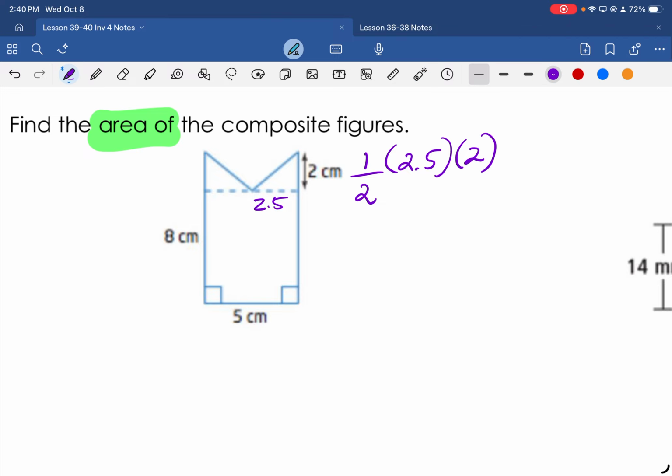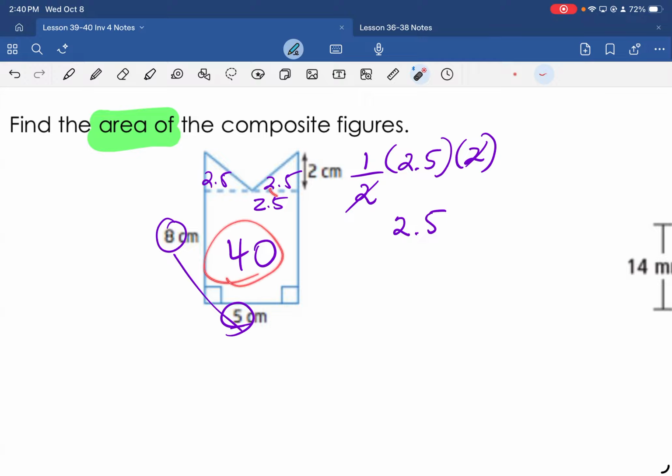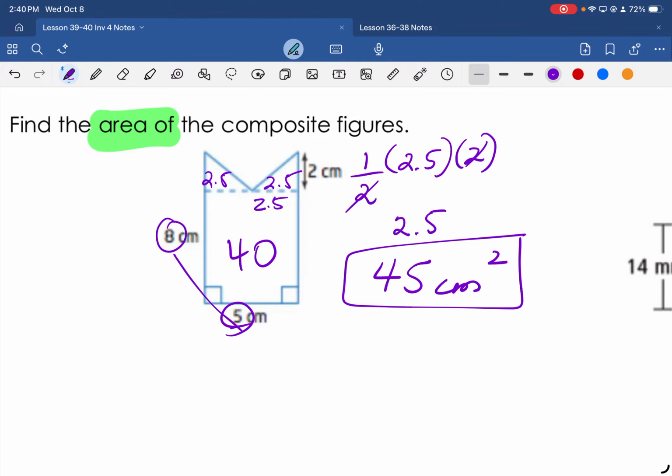So when we plug that in, we're going to get each of those to be 2.5, which makes sense because see how that cancels? So both of these are 2.5. And then 8 times 5 is 40. So, Gabby, what'd you get when you added 40 and then 2.5 and 2.5? 45 centimeters squared. Remember, area is square units.